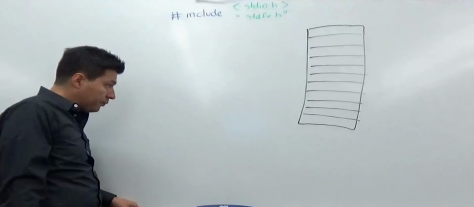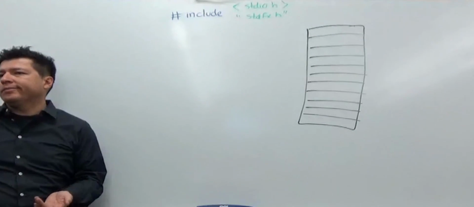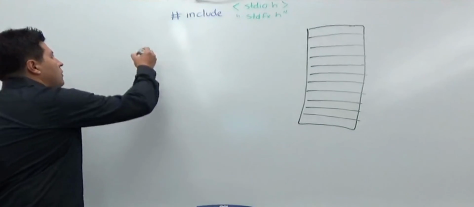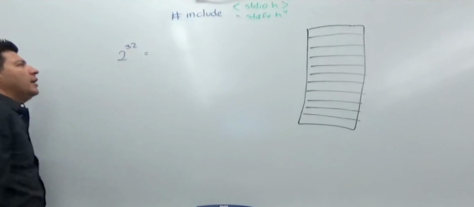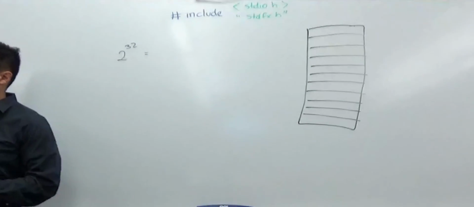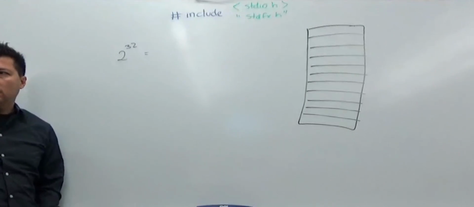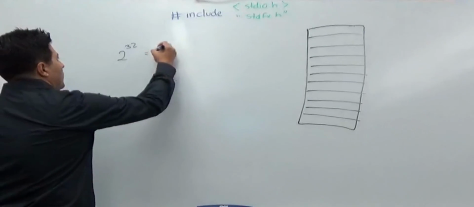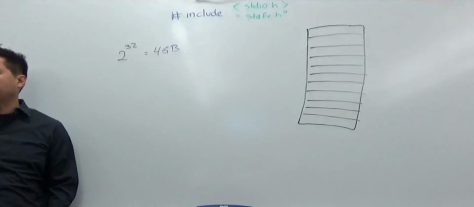For instance, if you have a 32-bit operating system, that means the max number of addresses you could have is 2 to the 32. If you calculate that on your computer, it'll come up to 4 billion something. So that's why a 32-bit operating system can have a maximum of 4 gigabytes.